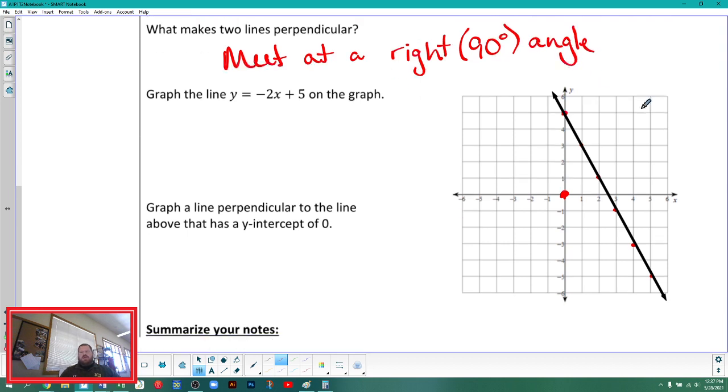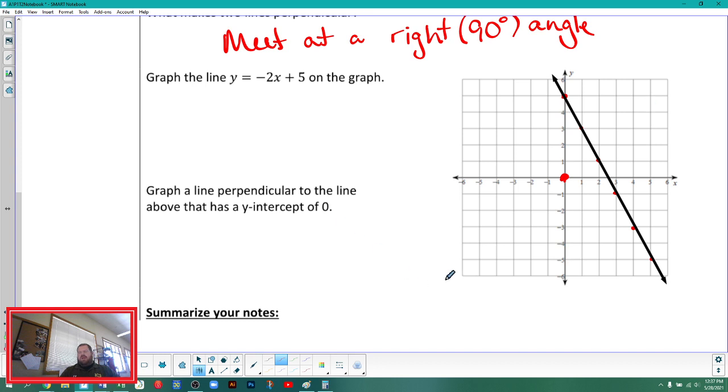So just to get a quick look at what that should be, I want it to intersect this line at a right angle, and we can kind of look at that. So I'm just going to start it here for now. And I want something that looks like it's a right angle. Obviously, it's not. This one isn't 90 degrees.